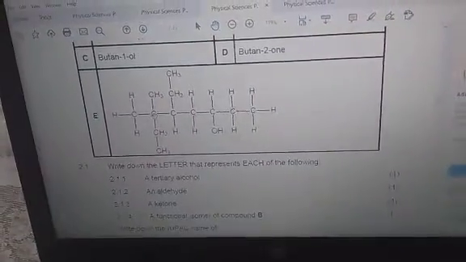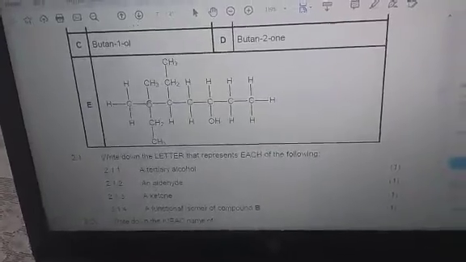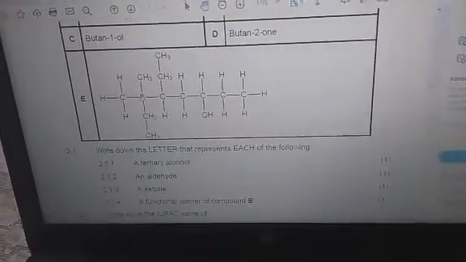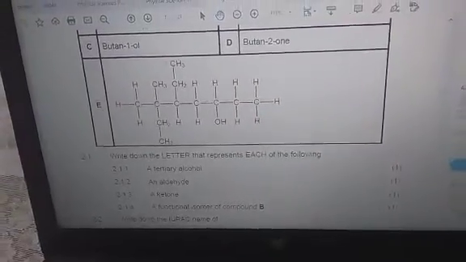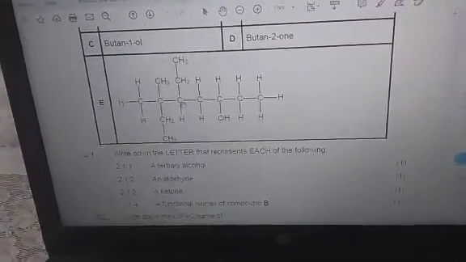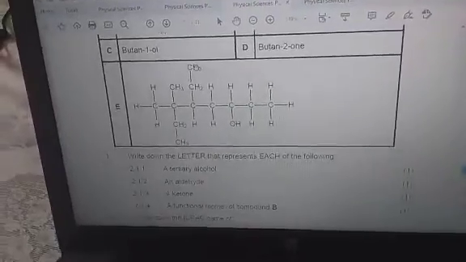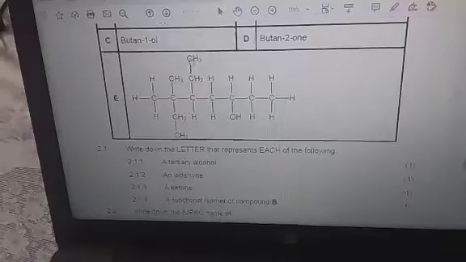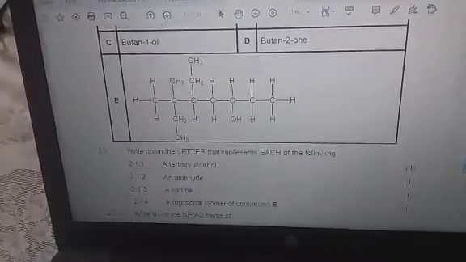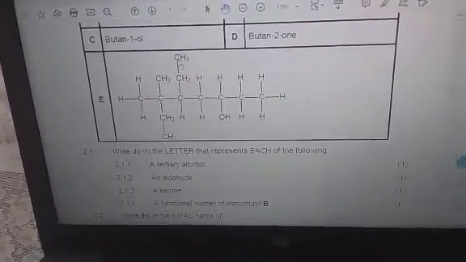Okay, so we can say we have 3,3-dimethyl. And on the 4th one you also have a branch. What is it? Ethyl, because it has 2 carbons. So which one starts, methyl or ethyl? It has to be alphabetical.